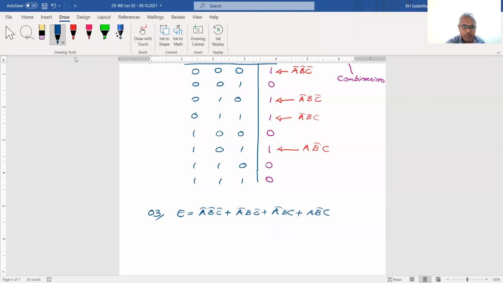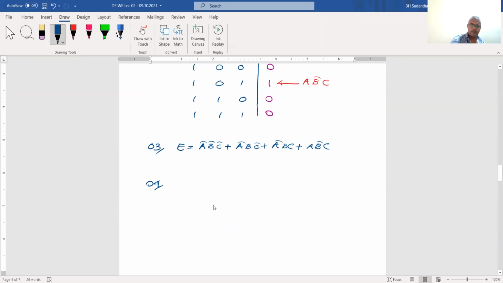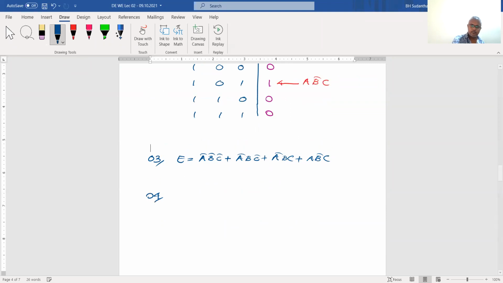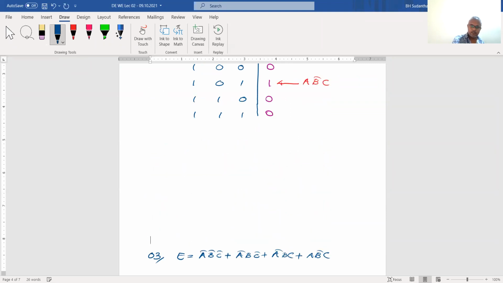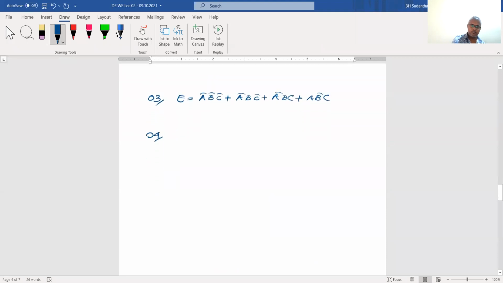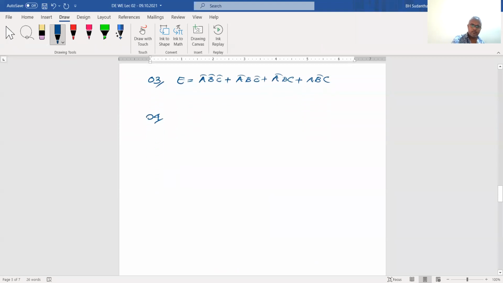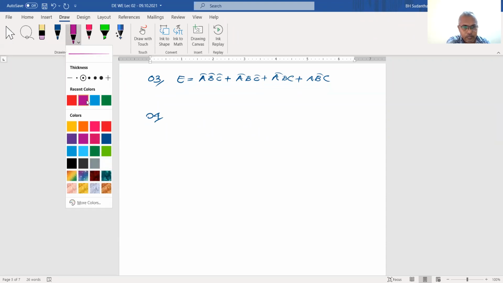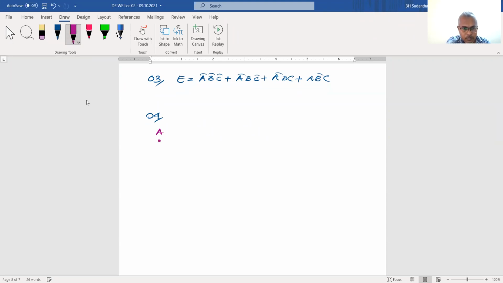Then we have to draw a circuit for this. This is A, B, C. We need A bar, B bar, C bar also.